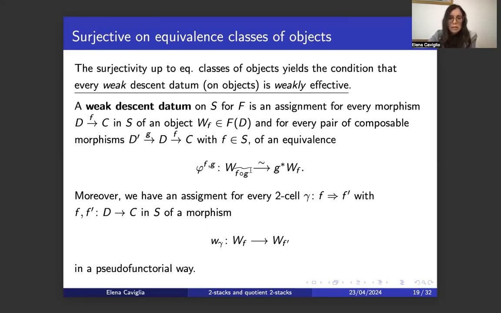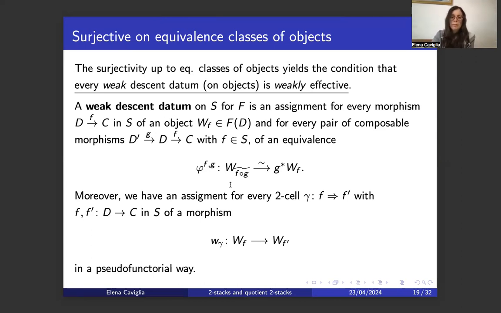And here you can notice that we don't have W of F composed with G, but we have this tilde here. And this tilde means that we consider the morphism isomorphic to F composed with G that is in the bisieve. Because if you remember, we said that the bisieve is not closed under precomposition, but it is up to isomorphism.